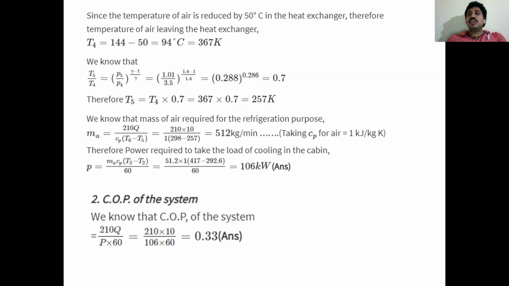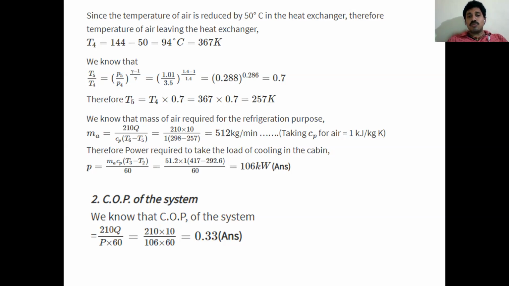Next one is the COP of the system. COP is the ratio of the refrigerating effect to the amount of power required to drive the compressor. The refrigerating effect means 210 times Q, which comes in kilojoules per minute. P means power, which is in kilowatts. If you multiply by 60, it comes again in kilojoules per minute. Numerator and denominator should be maintained in the same units. Please remember this.